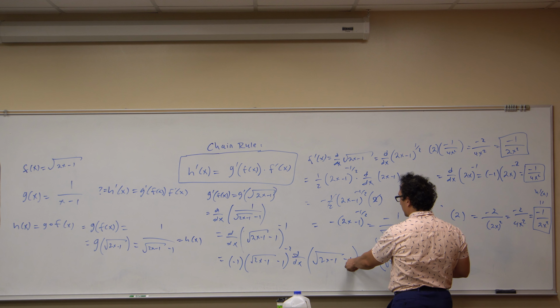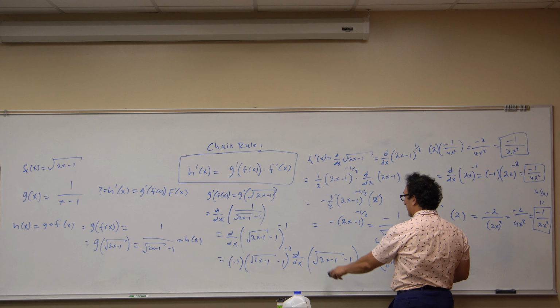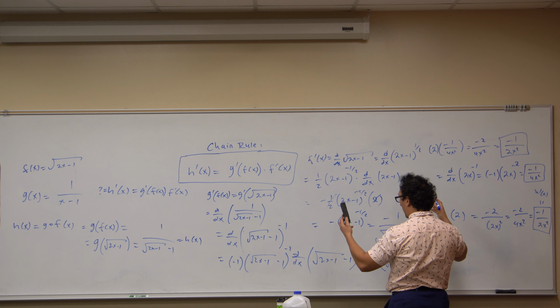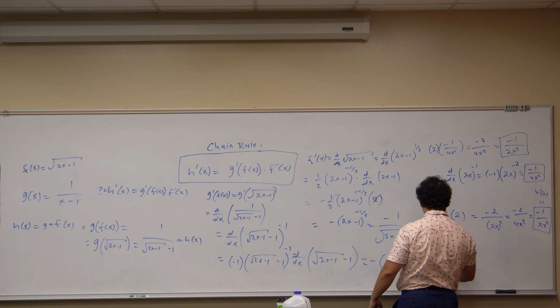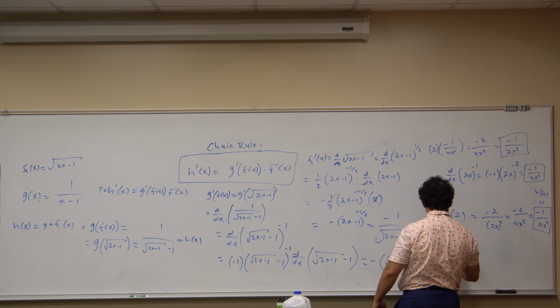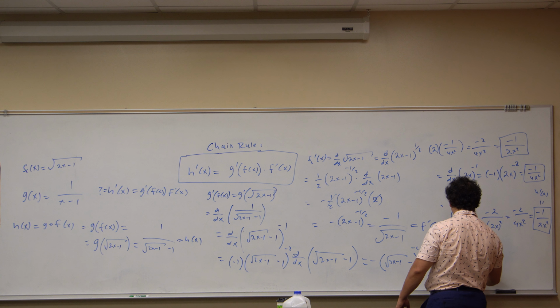When the derivative hits this minus 1, it becomes a 0. When the derivative hits this entity, it's really 2x minus 1 to the negative 1/2 to the 1/2 power. So the 1/2 comes down, and I get 2x minus 1 raised to the negative 1/2 times d dx of the inside.